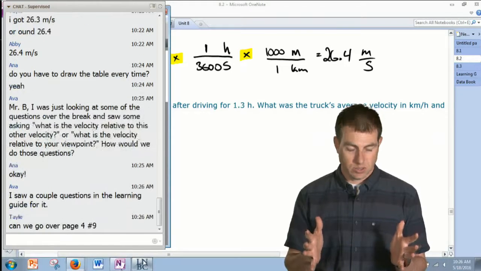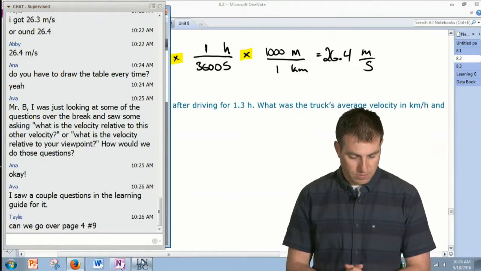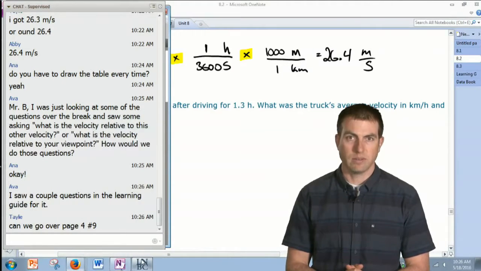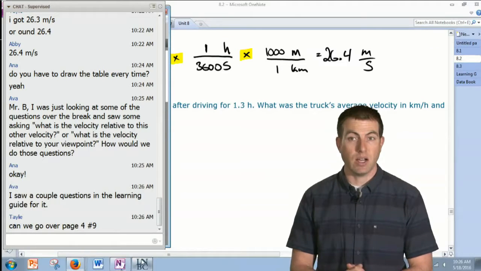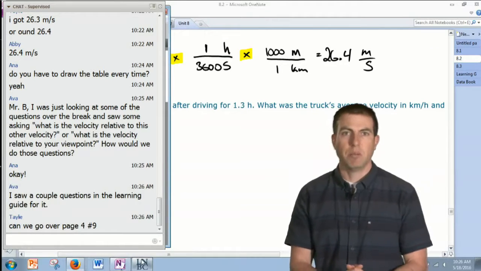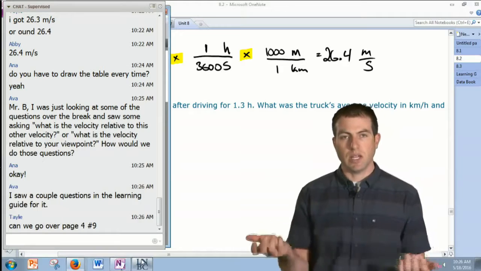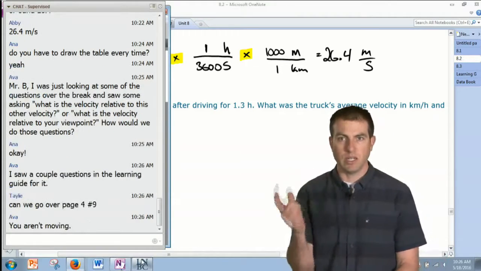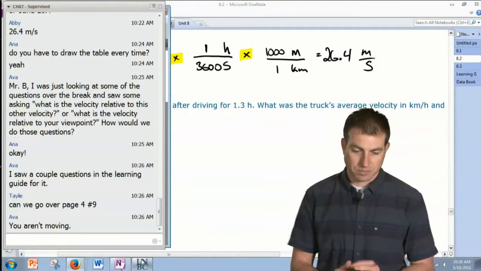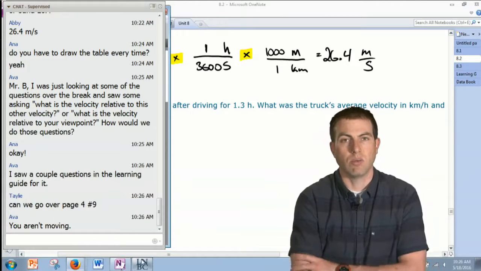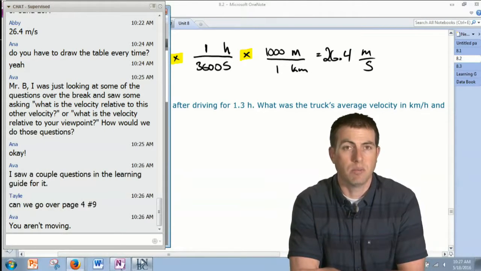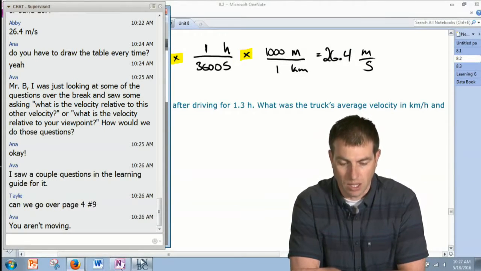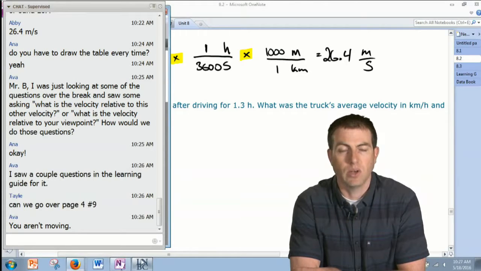Is there really questions in the learning guide? All right. How fast am I moving right now? I'm not moving, right? But then the Earth's spinning. So I'm standing on the Earth and the Earth's spinning. So I'm rotating at a few thousand kilometers per hour. If I talk about how fast I'm going on Earth, Earth's rotating, we know that.